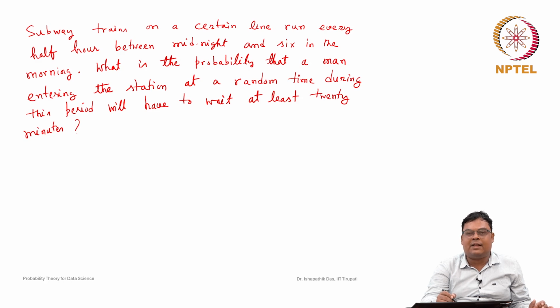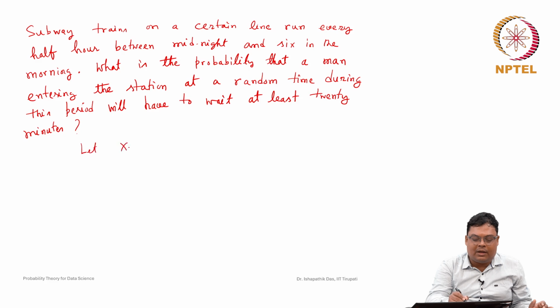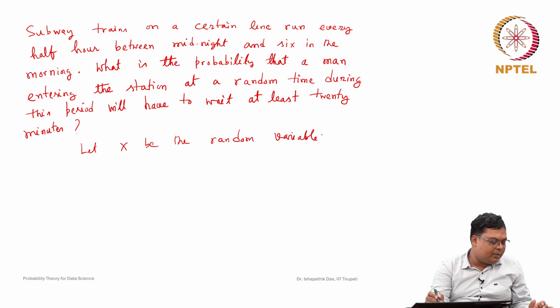Any train can come, because every half an hour a train is coming, and we do not know when it will come. Because the duration is half an hour, let x be the random variable denoting the waiting time.